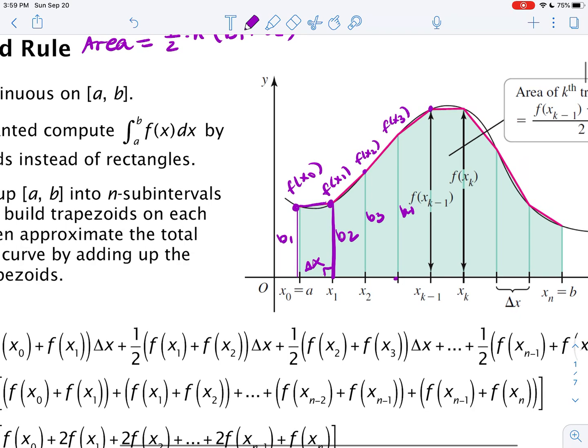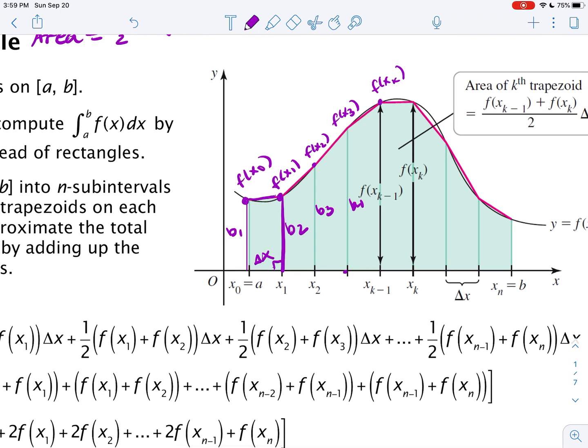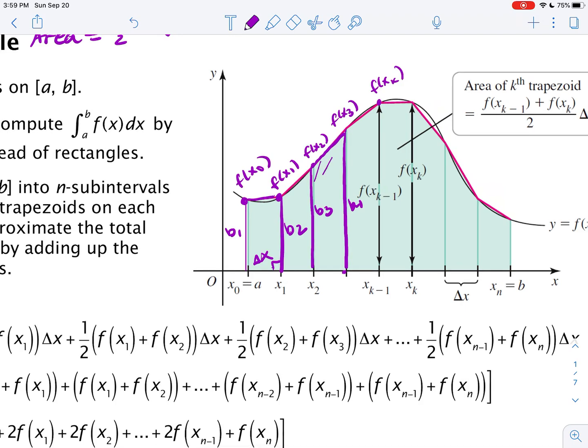You can see that f of x sub k minus 1 and f of x sub k are our arbitrary slice. And we proceed until we've got a series of trapezoids.